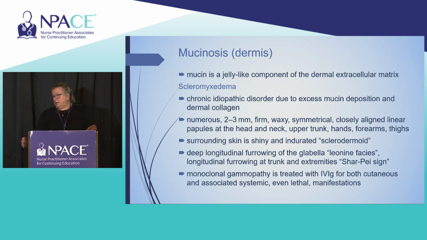So in a situation where there is excess mucin and dermal collagen that develops, that causes this scleromyxedema, and that creates those firm, waxy papules that develop on the skin, and those are called sclerodermoid.